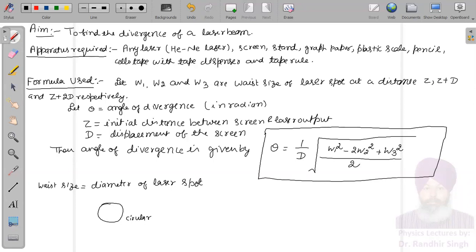Then this diameter, which is a vertical diameter, or this diameter, which is a horizontal diameter, these are the waist sizes. We call it W. Then we will draw the diagram of the laser. For that I will shift to the next page.